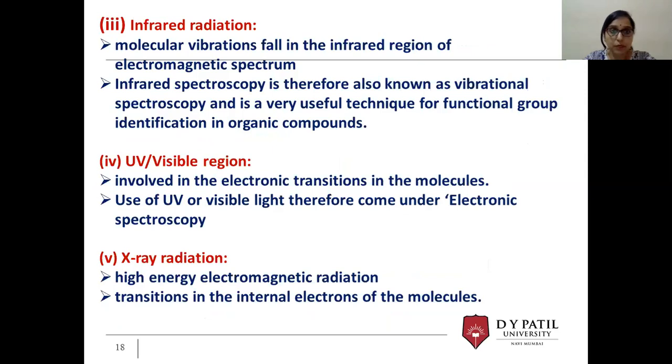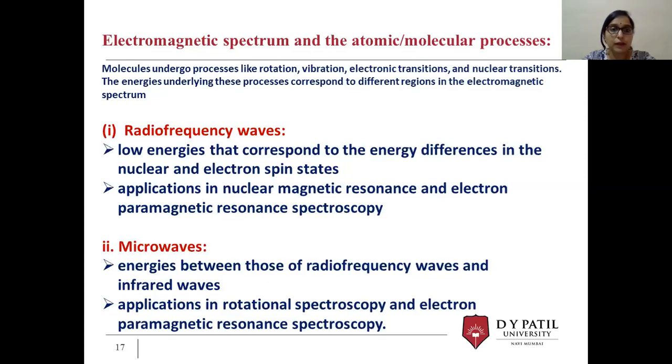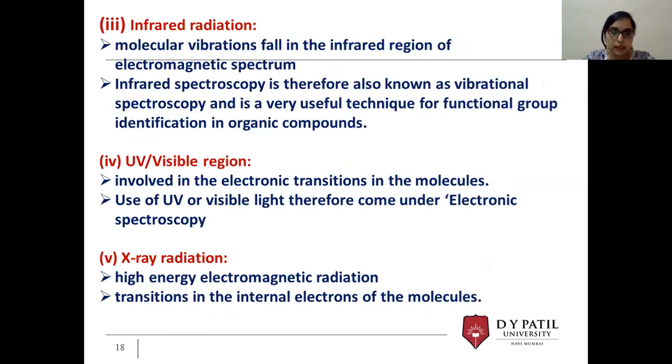So molecular vibrations are related to infrared, whereas rotations are related to microwaves, and nuclear and electronic spin states are related to radio frequency. Infrared spectroscopy is therefore also known as vibrational spectroscopy because it perturbs molecular vibrations, and it is a very useful technique for functional group identification.